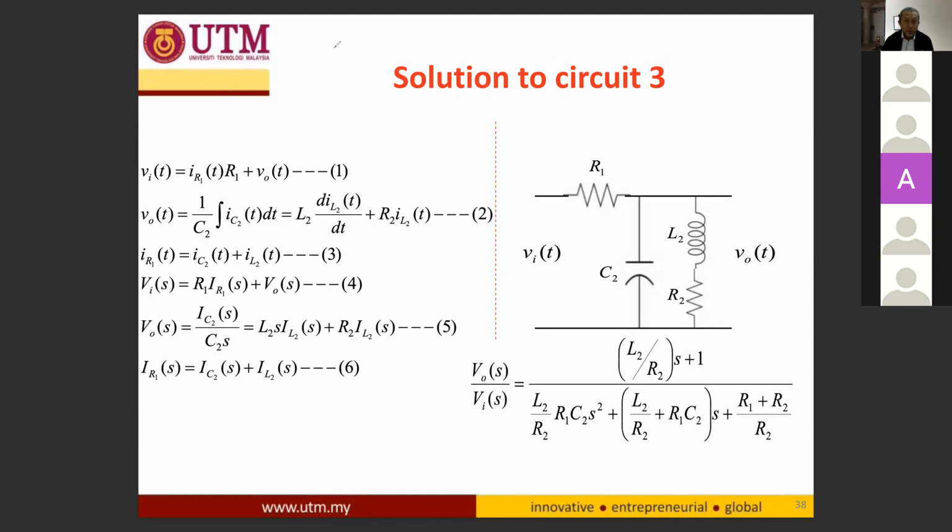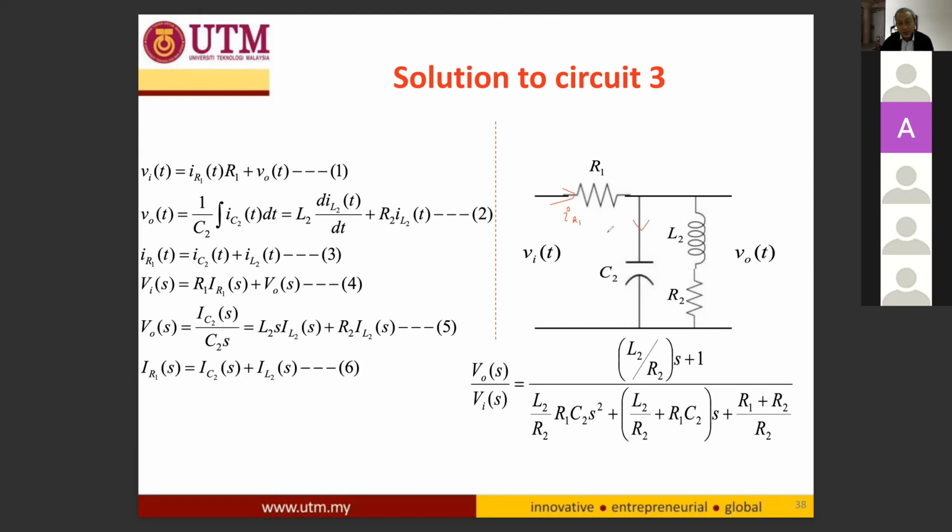So as usual, you are using Kirchhoff voltage law in the time domain. So Vi is equal to I R1. You have to be very careful on this part because you have a current here, which is I R1, so you label it as I R1.